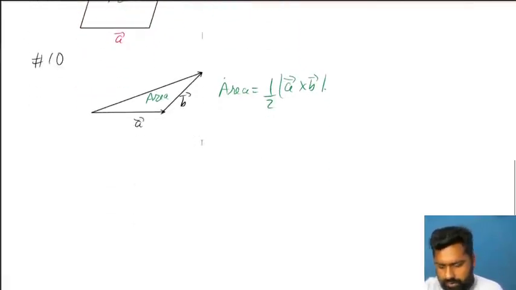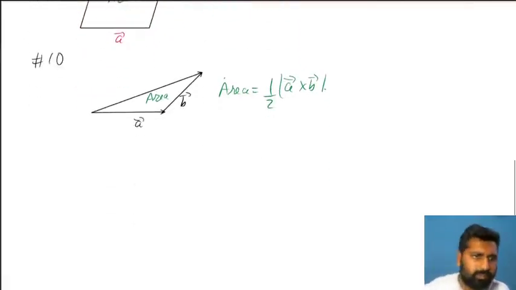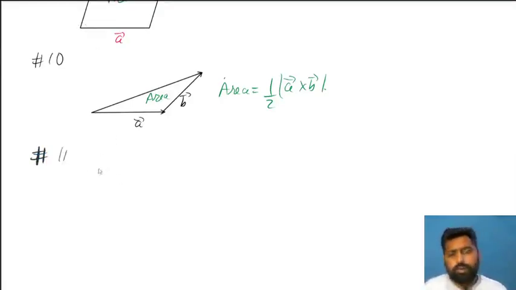Done. Now let's talk about i, j, k. We're going to start with i cross i.